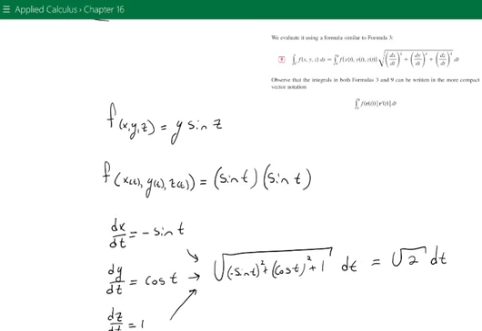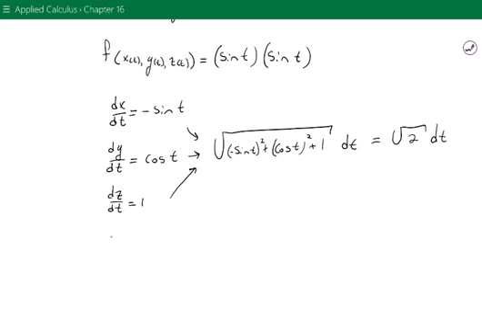So we can put this all together and we'll get that the integral over the curve c of our function f ds is equal to the integral from 0 to 2 pi, since that's what the parameter t is changing from, of sine squared t root 2 dt.